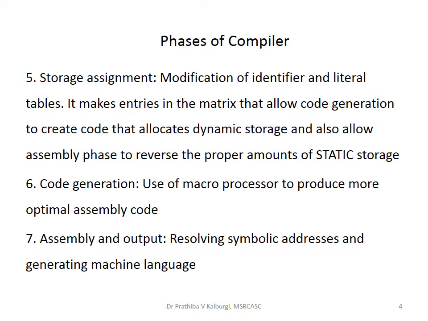That's nothing but the matrix, the identifier table, literal table, and then we have the code production, that's nothing but a permanent database which is going to define all the possible matrix operators. As you know already, the different operators are nothing but the plus, minus, into, and so on. So these are the four tables which are going to be created during the code generation phase.